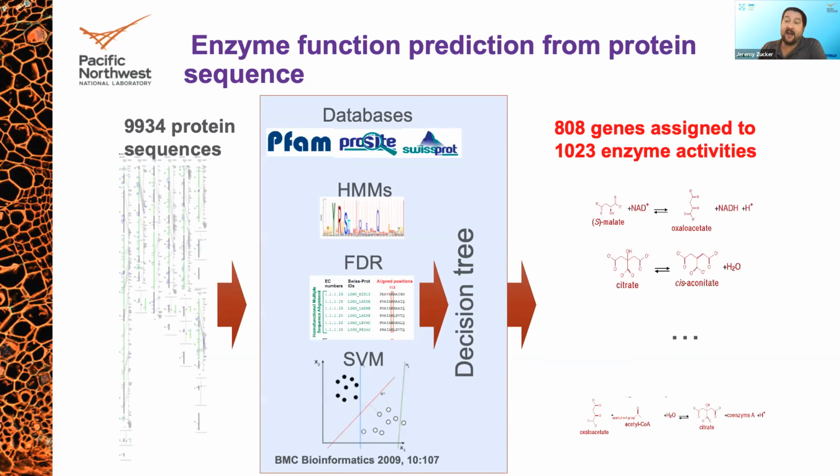Out of the 9,934 protein sequences, we assigned 808 genes to 1,023 unique enzyme activities.